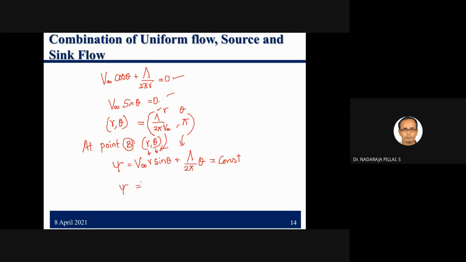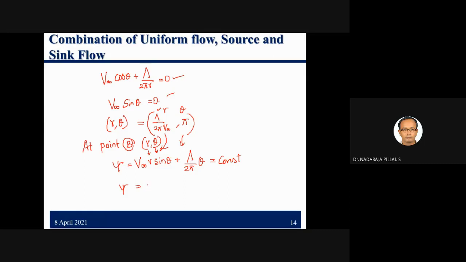If I substitute the value r, that is lambda by 2 pi V infinity, and theta is pi, what we will get? Lambda sin theta by 2 pi.